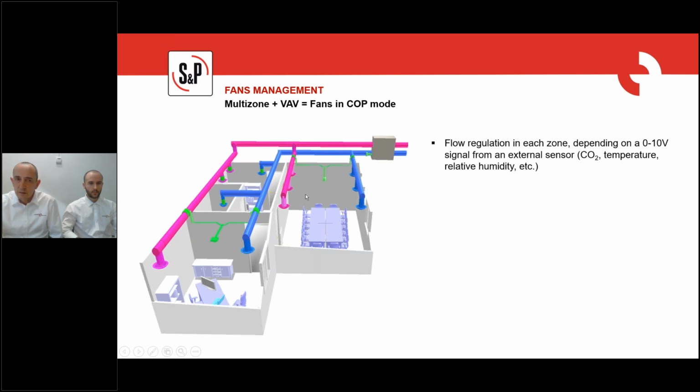So we have different regulation systems composed by sensors. It can be a CO2 sensor, but also a PIR sensor or detector, or humidity sensors, or different technologies of sensor. But the important thing here is that the sensor sends the signal to the dampers that are more open or closed depending on the concentration.